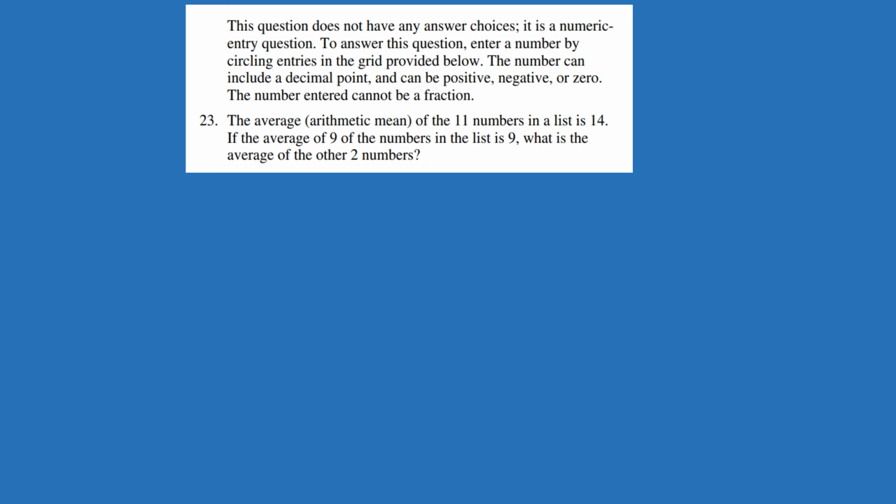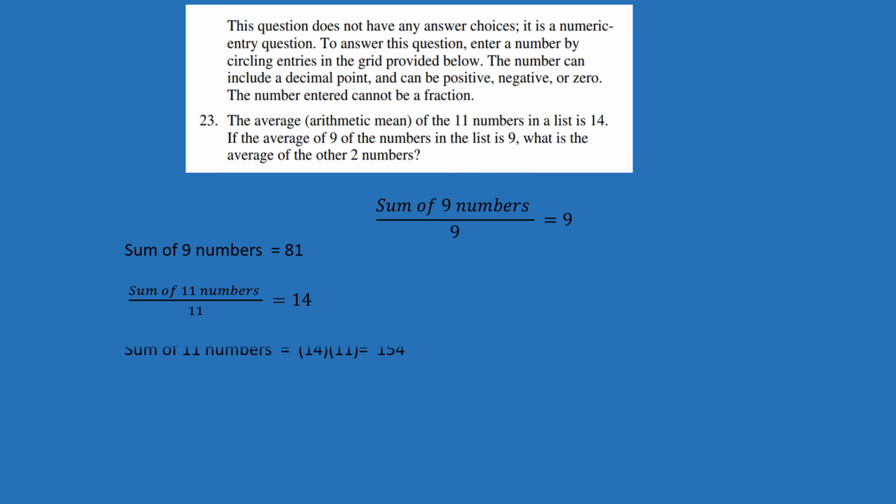The average arithmetic mean of 11 numbers in a list is 14. The average of 9 numbers in the list is 9. So the sum of 9 numbers divided by 9 is 9. So the sum of 9 numbers is 81. And the sum of 11 numbers divided by 11 is 14, because the arithmetic average is 14. So from this I can find sum of 11 numbers to be 154.